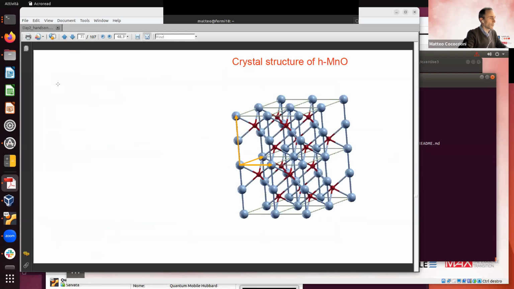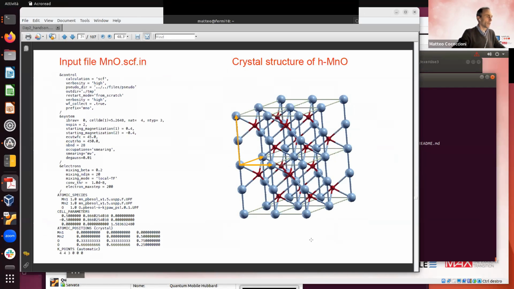So the last example for today's hands-on is focused on this material, manganese oxide with a sort of hexagonal crystal structure, which is given in this plot on the right. So this is the corresponding input. You see the cell parameters here, highlighted in color. So we have a triangular lattice on each plane, of which the manganese occupy all the vertices.